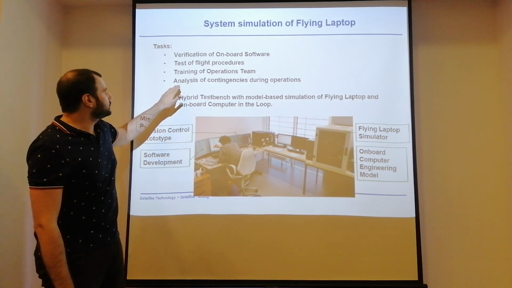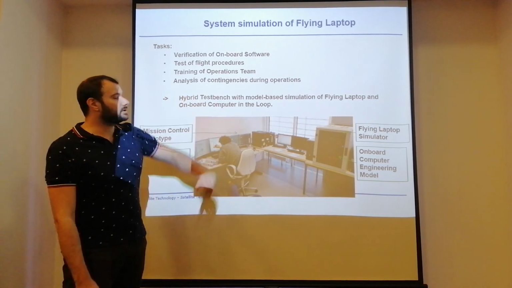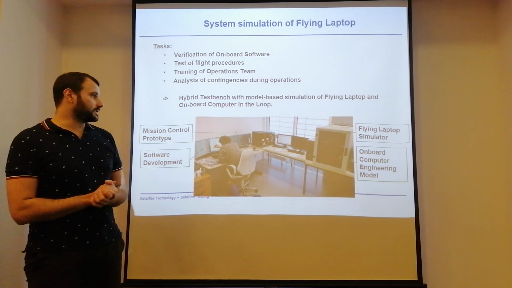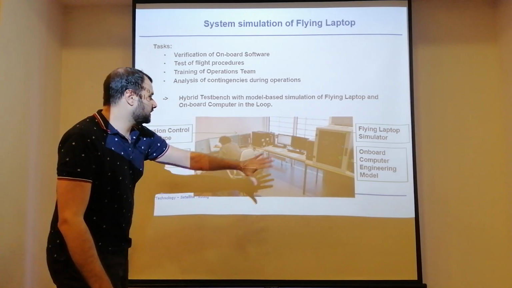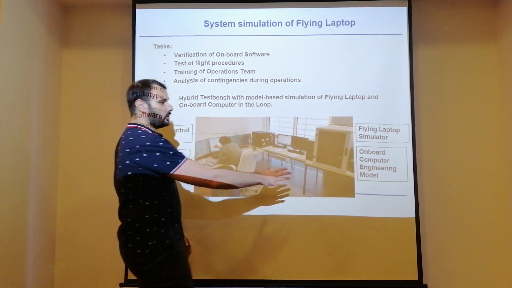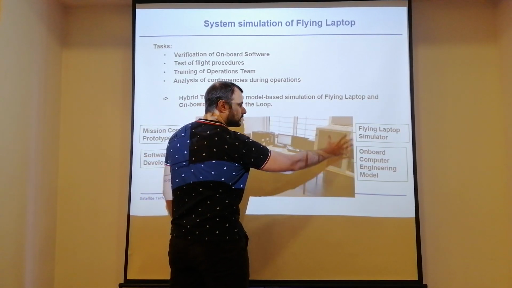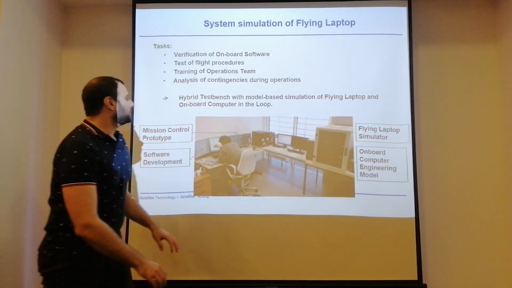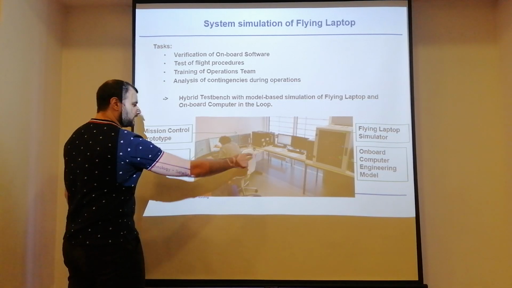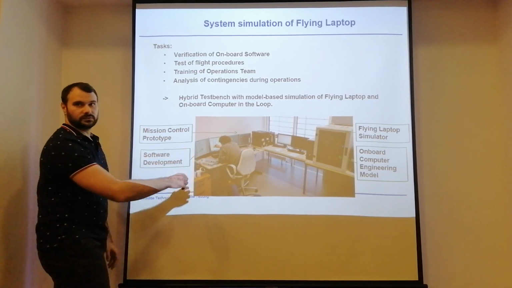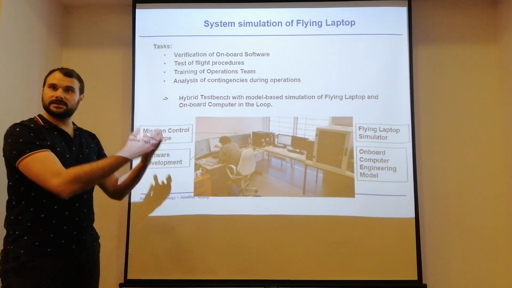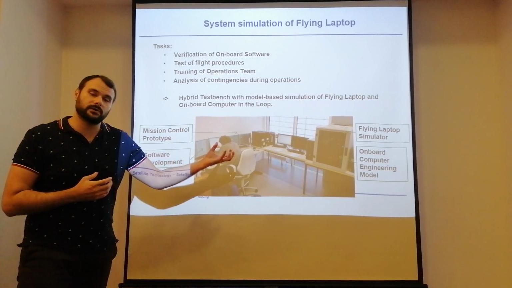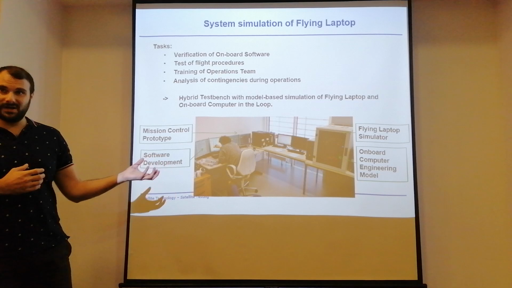And you can use it also for the analysis of contingencies during operations. Yeah, we see here the setup. This is the onboard computer engineering model and the simulator. All in here, we have the mission control prototype and the software development to do some debugging and have some real-time insight into what's going on with the onboard software for debugging purposes.